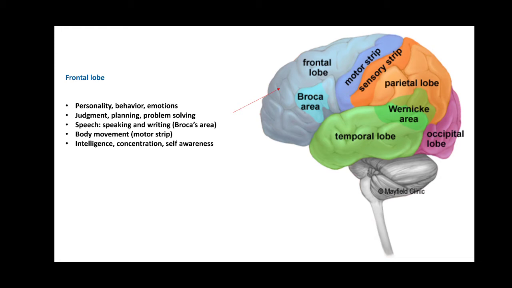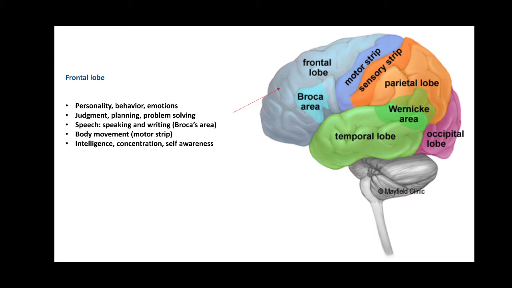This part of the brain has been seen to process all those kinds of information. And not only that, it has two regions with it, here written as the motor strip and the sensory strip. In reality they are called the motor cortex and the somatosensory cortex.